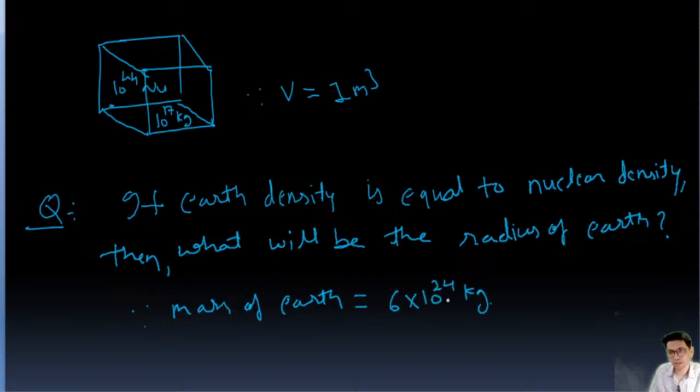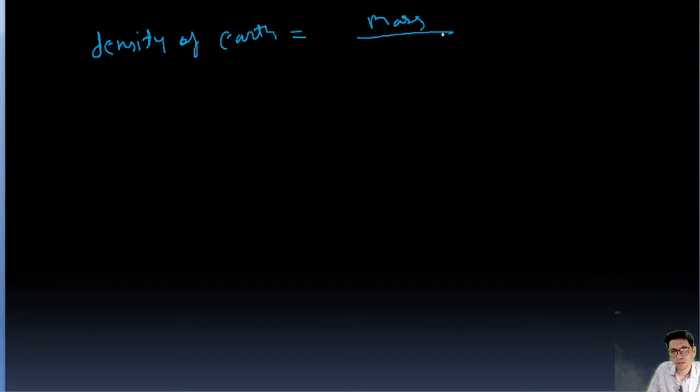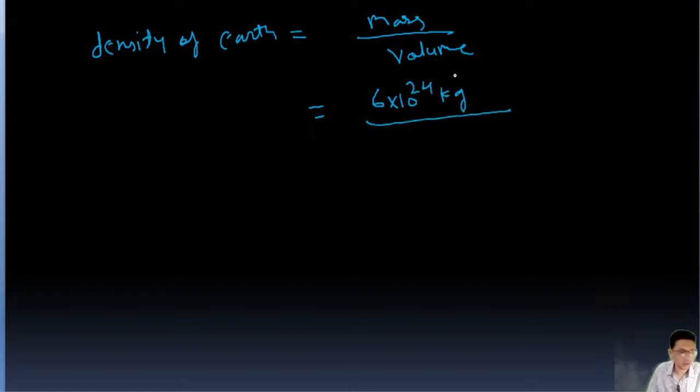And now density of earth is going to be mass upon volume, that is 6 into 10 to the power 24 kg upon the volume of earth, which is 4 by 3 pi r cube. We need to find the radius of earth, r.